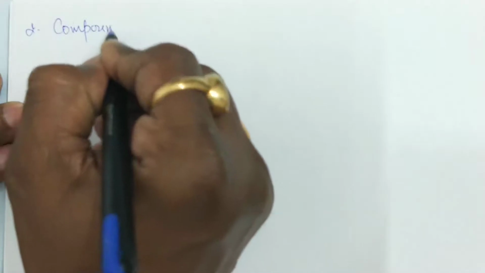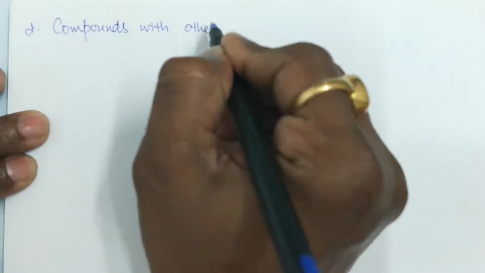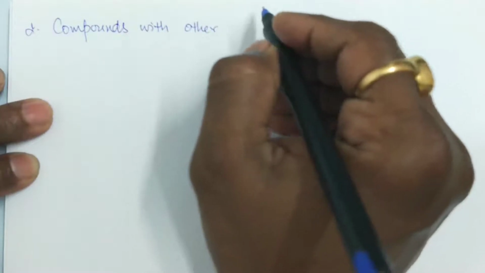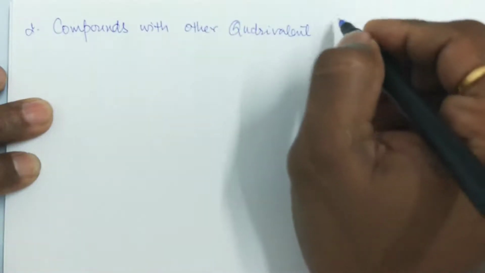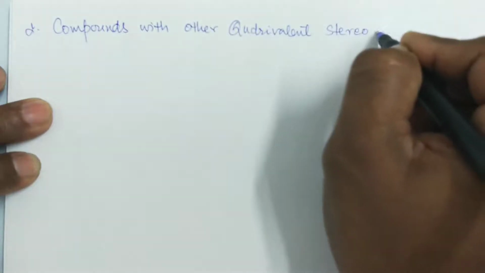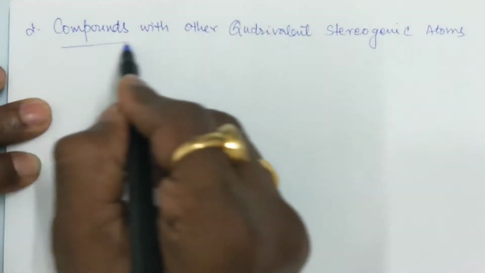Now come to the next category, number 2, compounds with other quadrivalent stereogenic atoms.